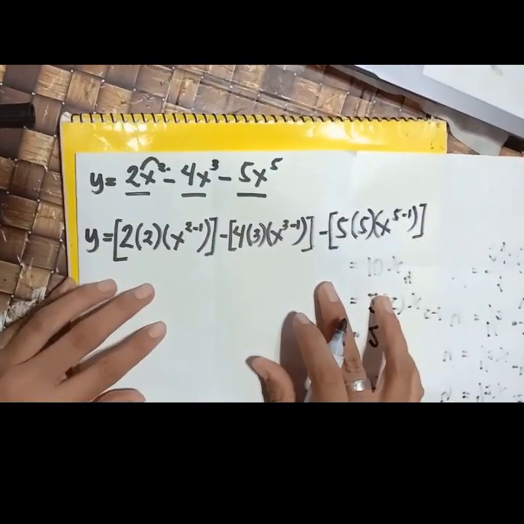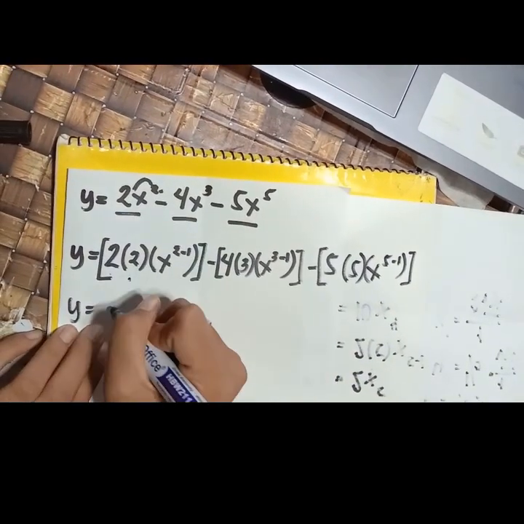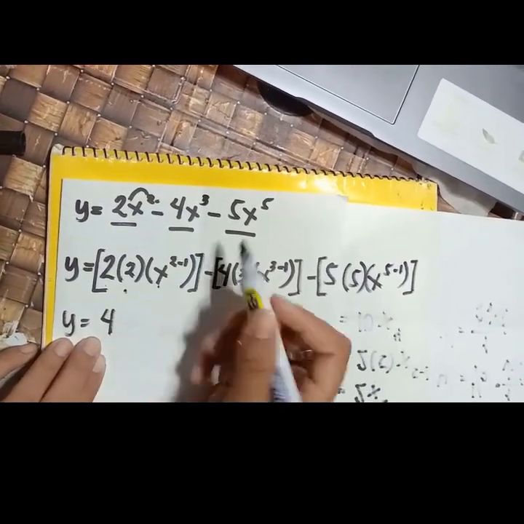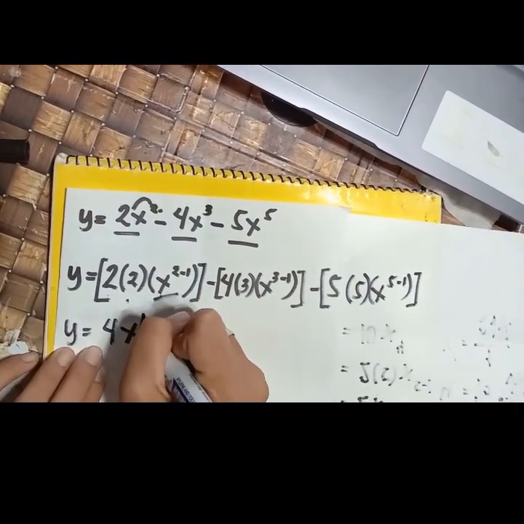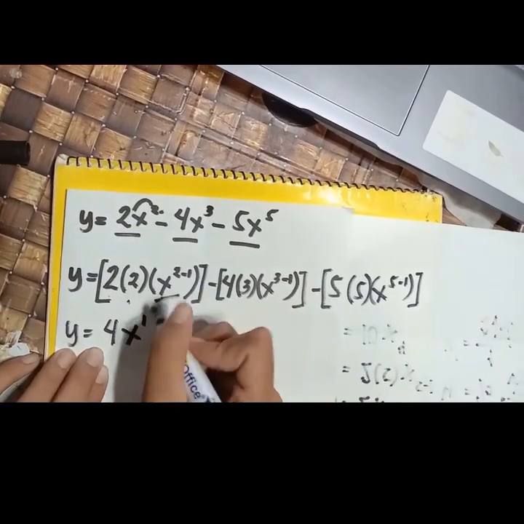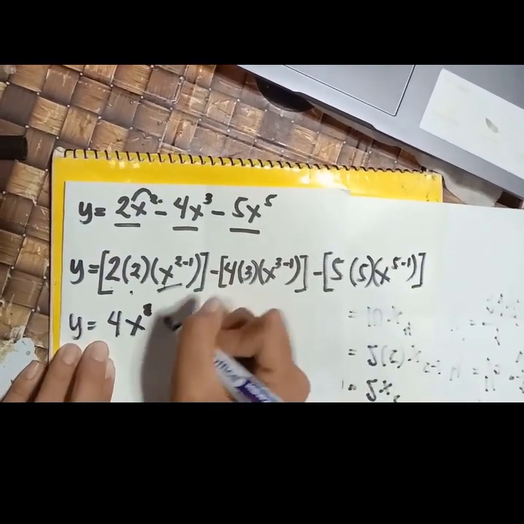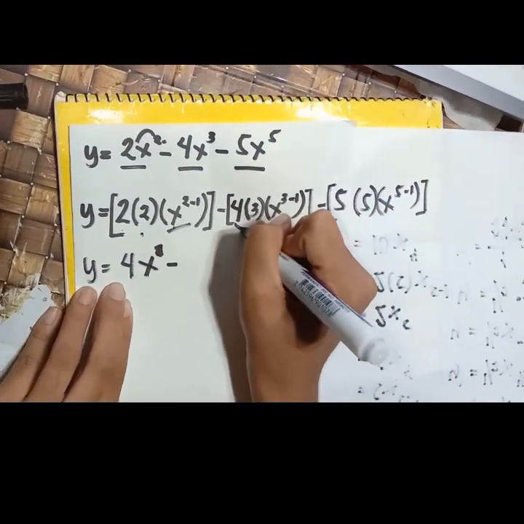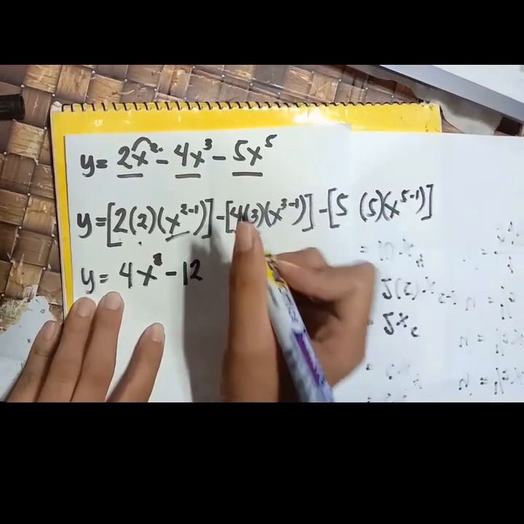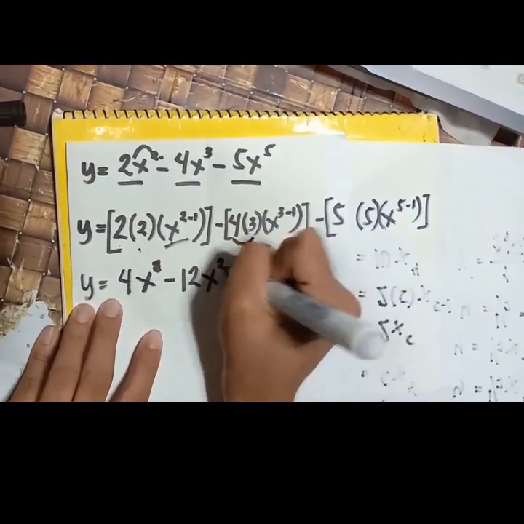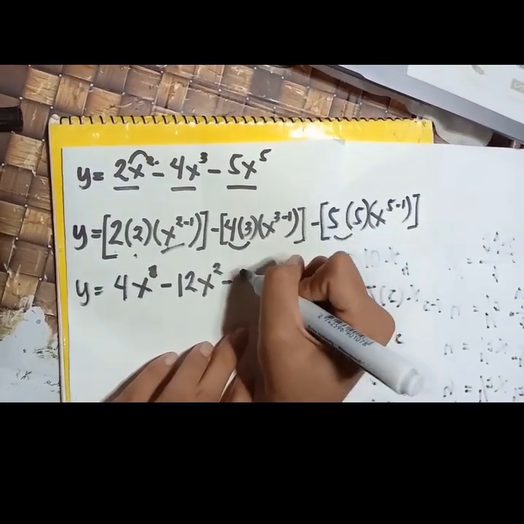So let's just simplify. y prime is equal to 2 times 2 is equal to 4. Then simplify this, x raised to 1, or let's just simply put x, disregard the exponent 1, less 4 times 3 is equal to 12. Then x raised to 3 minus 1 is x raised to 2, less 5 times 5 is 25.